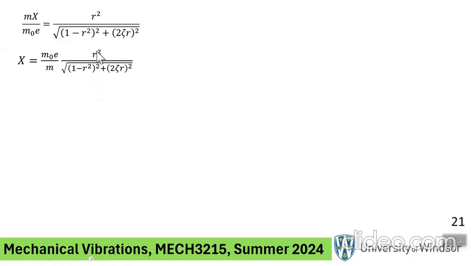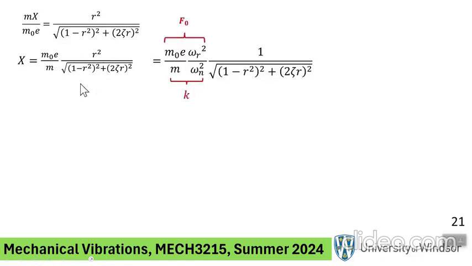And if you replace R as omega over omega n, this can be cleaned up. See that? Instead of R squared, we have omega squared divided by omega n squared. This is what we called F naught in the previous slide.